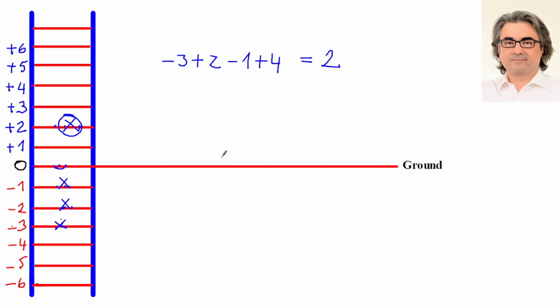Now let's see how to do these operations without using a ladder. Now we'll not use ladder. I think you understood very well the operations of subtraction and addition on the model ladder. Now let our first example on this part be this: minus 3 minus 4.